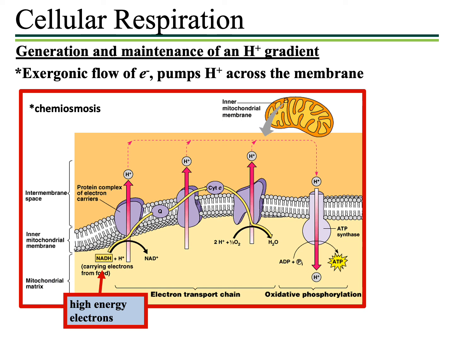The important thing to note here is that there is a continual transfer of electrons through all of the components of the electron transport chain, which then allows for hydrogen ions to be pumped across the membrane, generating a concentration gradient of hydrogen ions in the inner membrane space. It is this high concentration of hydrogen ions in the inner membrane space that then causes or allows for the production of ATP.